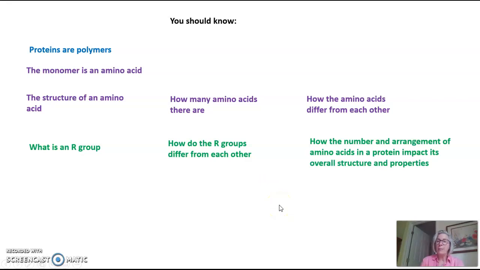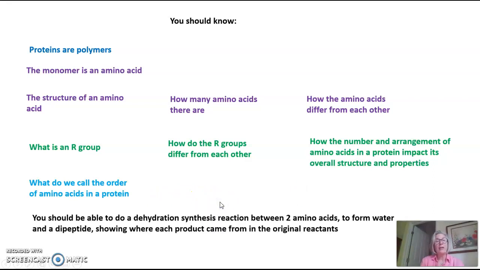And you should know how the number and arrangement of amino acids in a protein impacts its overall structure and properties in terms of its hydrophobic, hydrophilic, or acid or base properties. You should know what we call the order of amino acids in a protein, and you should be able to do a dehydration synthesis reaction between two amino acids to form water and a dipeptide, showing where each product came from in the original reactants.